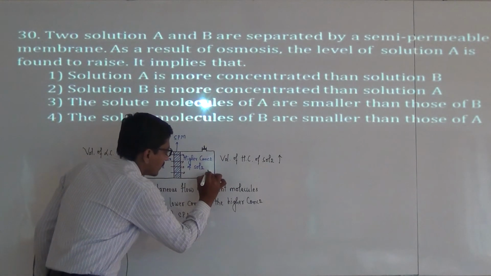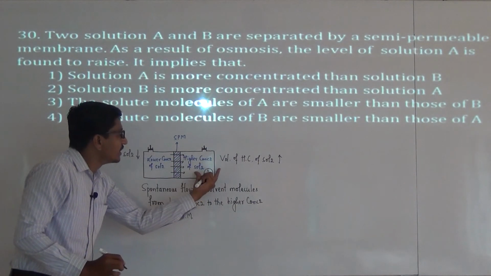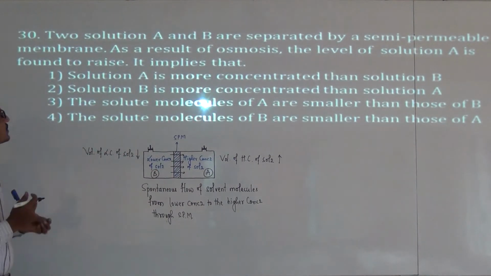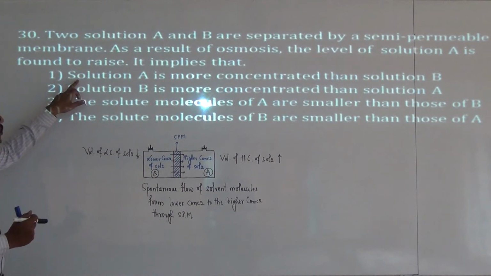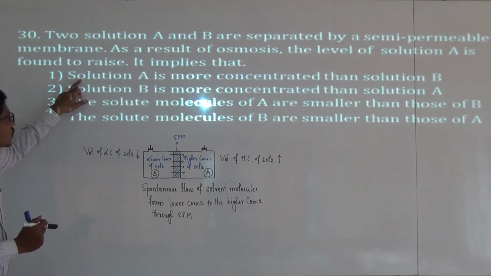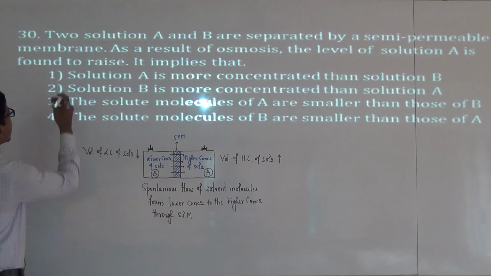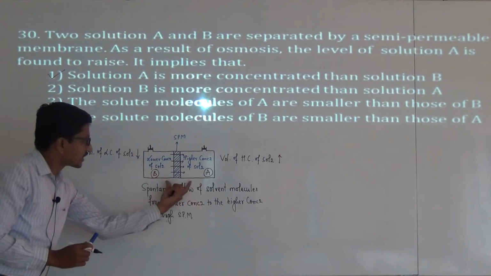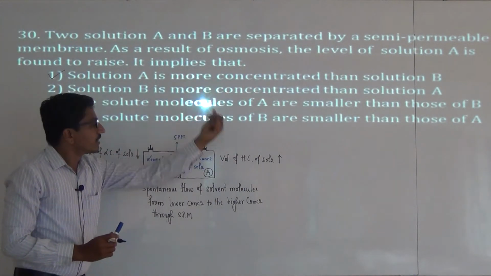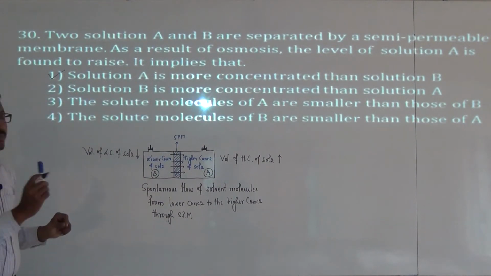In this case, in the left side the component is A and the right side component is B. In the options, the first option is solution A is more concentrated than B. This is the right answer. From this explanation, higher concentration is A and its volume increases, so solution A is more concentrated than B.